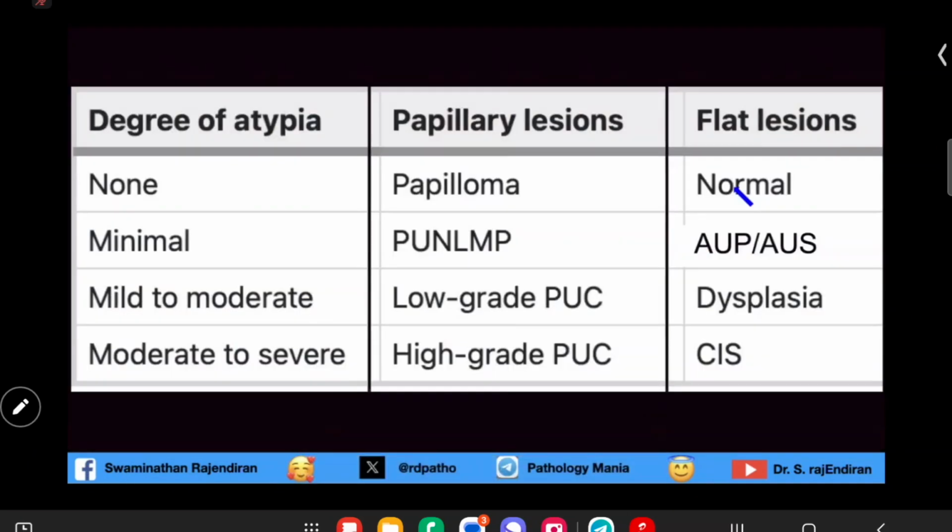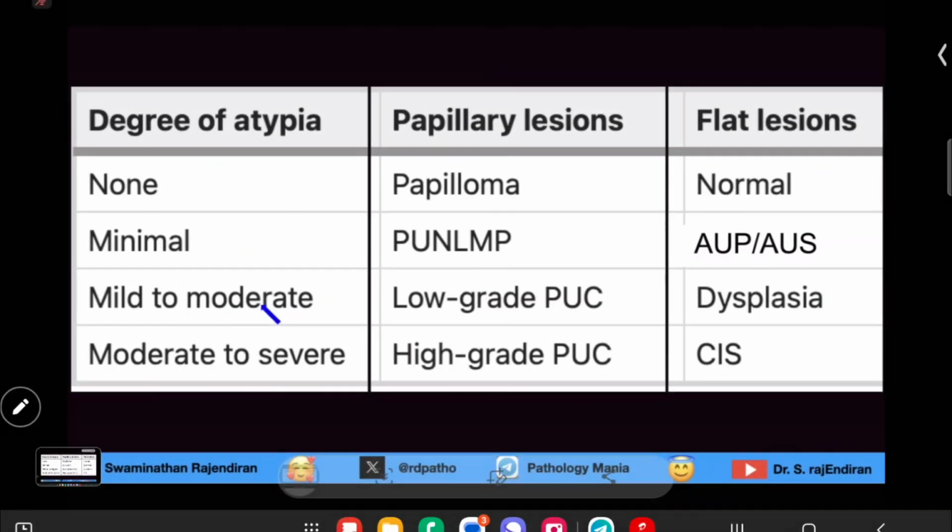So it's very, very simple to approach bladder lesion, whether it is papillary or flat. When it is papillary, what is the cytology? So this is architecture and this is cytology. No cytological atypia means papilloma or normal. When there is minimal cytological atypia, it is PUNLMP, AUP or AUS.